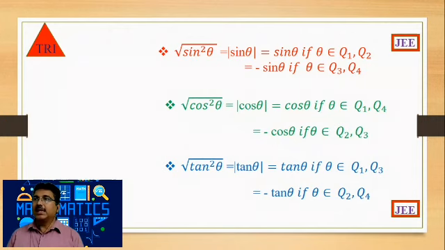Tan theta is positive in quadrant 1 and quadrant 3, so root tan square theta is equal to tan theta. Tan theta is negative when theta belongs to quadrant 2 and quadrant 4, so root tan square theta is equal to minus tan theta.